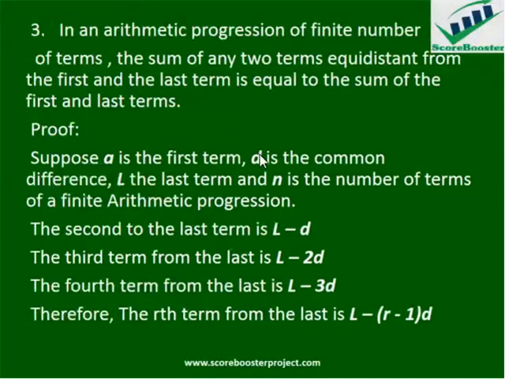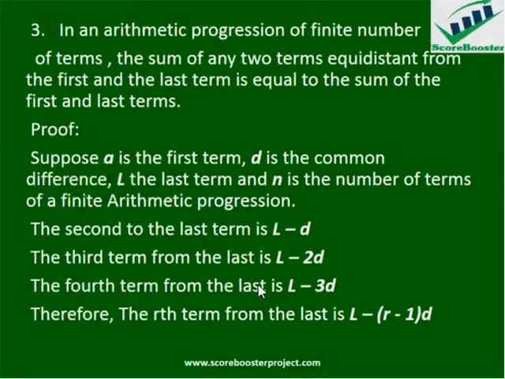So suppose a is the first term, d is the common difference, l the last term, and n is the number of terms of an arithmetic progression. The second to the last term, that is the term before the last term, you subtract the common difference from the last term. The third term from the last, you subtract two common differences from the last term.